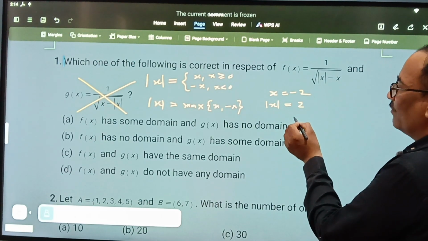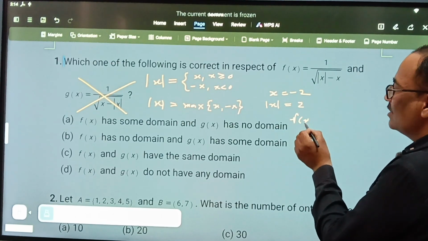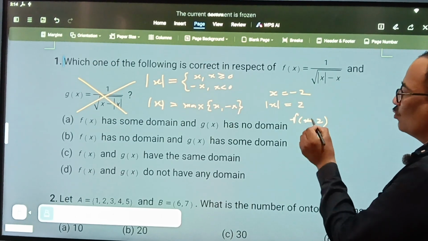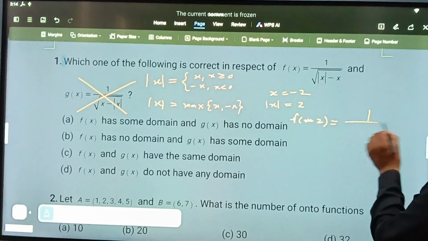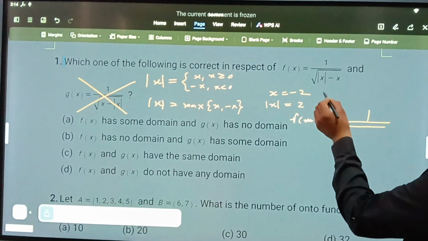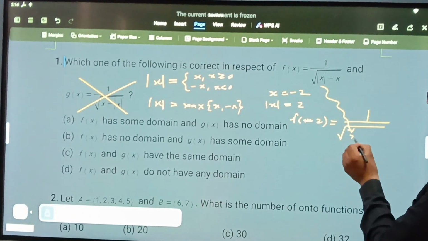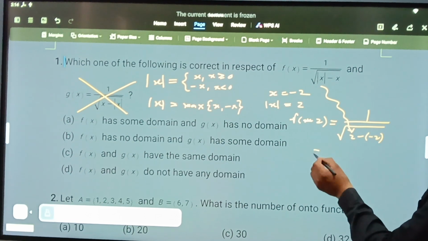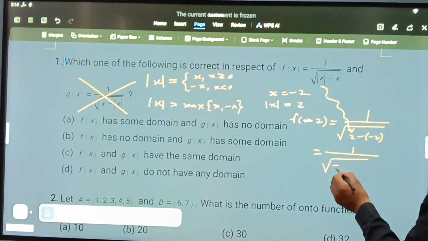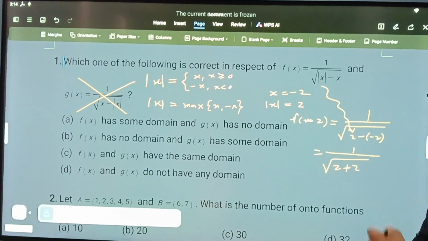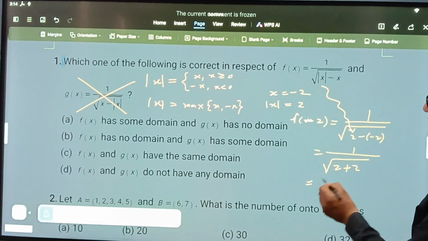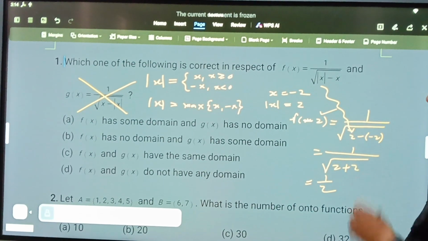So if we take f of minus 2, what we get? f of minus 2 is equal to 1 upon root of modulus of minus 2, which is 2, and this is minus 2. So this is 1 upon root of 2 plus 2, that is 1 upon root 4, which is 1 upon 2. So f of minus 2 is defined.